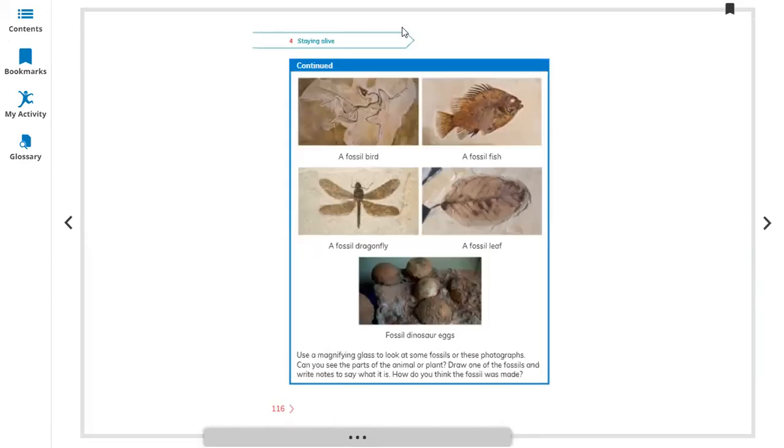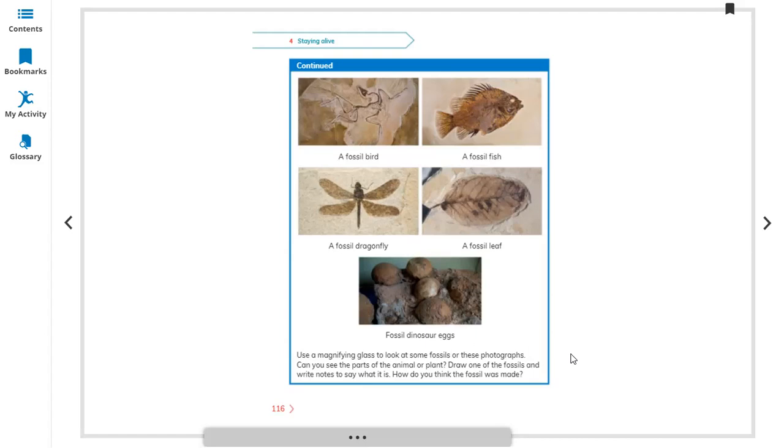A fossil bird, a fossil fish, a fossil dragonfly, a fossil leaf, and fossil dinosaur eggs. You use a magnifying glass to look at some fossils or these photographs. Can you see the part of the animals or not?